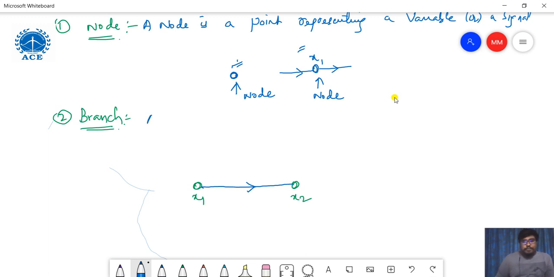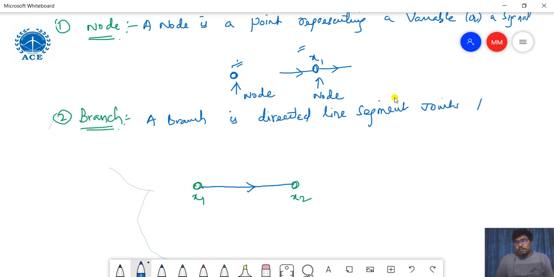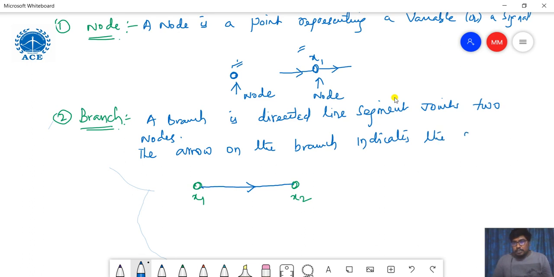So what is the definition? A branch is a directed line segment that joins two nodes, and the arrow on the branch indicates the direction of the signal flow.